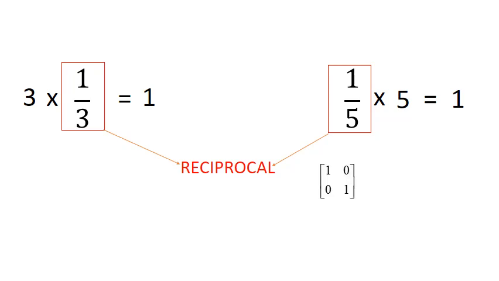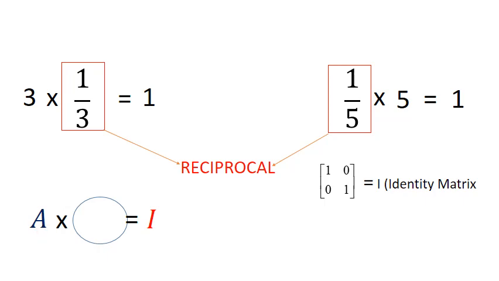In the case of matrices, we know that 1, 0, 0, 1 represents an identity matrix, represented by the letter I. This is an identity matrix of order 2. Now, a matrix A multiplied by what will give us the identity matrix? According to the earlier concept, we would say it is 1 by A. But in the case of matrices, 1 by A, the reciprocal of a matrix, is not defined.